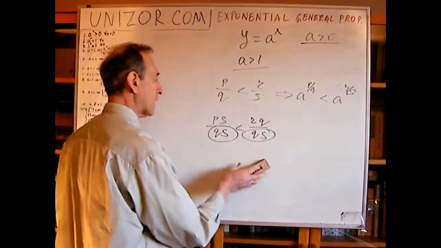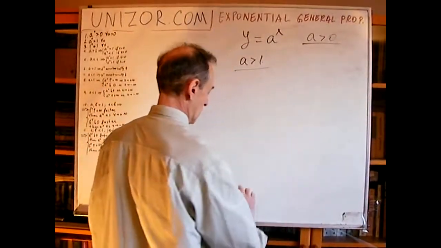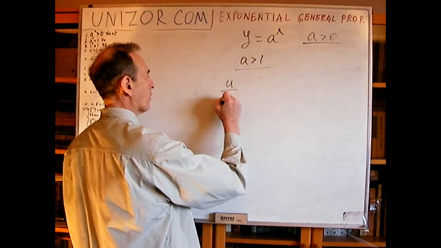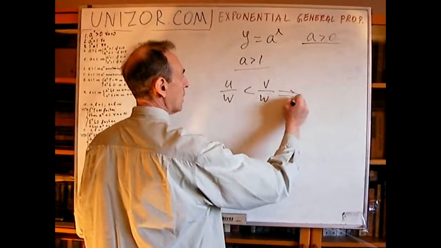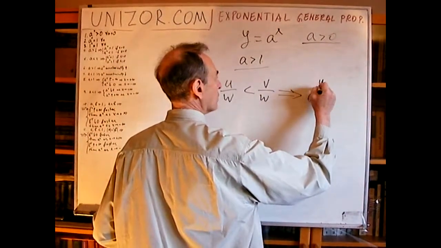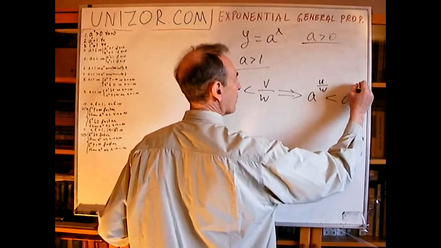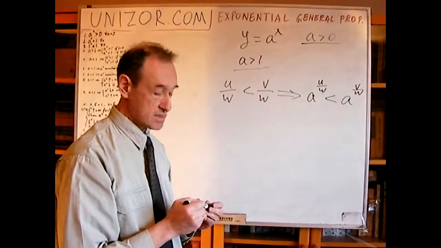So let me forget about this particular case, and I will use the case when the denominator is the same. Let's say u over w less than v over w, and I would like to prove from this that a to the power of u over w is less than a to the power of v over w. So now I'm using the same w as denominator.